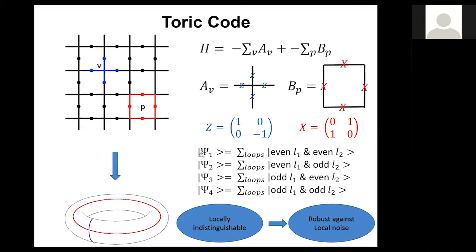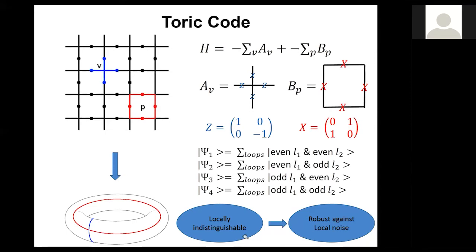And the main feature of these ground states is that they are locally indistinguishable. So if I give you one of these states and I don't tell you which state I gave you, and I only allow you to do local measurements, only measurements on a disk, then you are not able to figure out which ground state I gave you because they all locally look the same, meaning that their reduced density matrices on a disk are all the same.